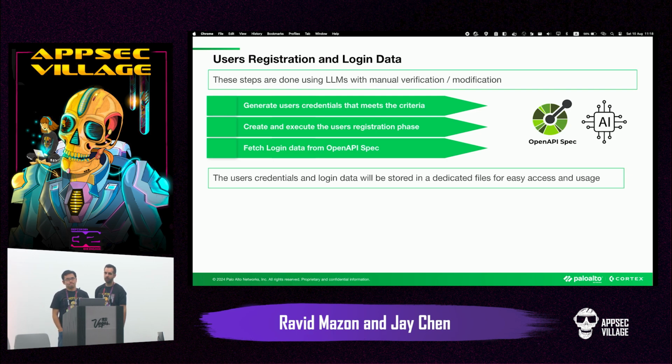This is crucial in order to then log in the users of the specific test and get a valid and unique token for each one of them. This information will be stored in a dedicated file, so we will have easy access and usage.